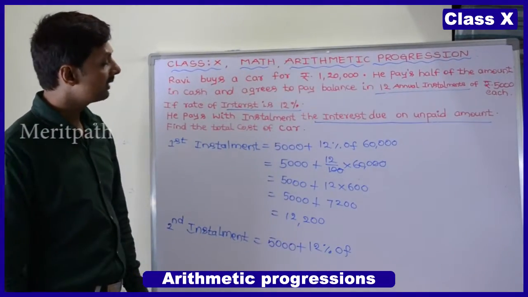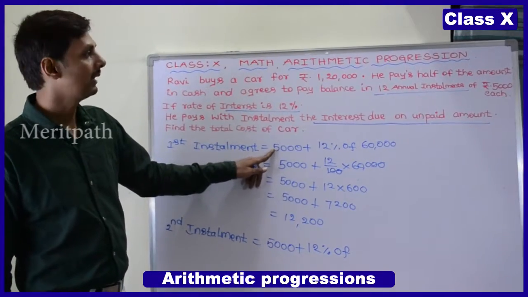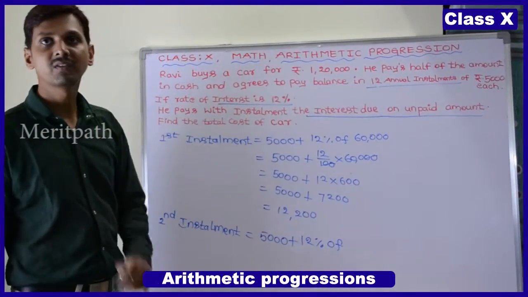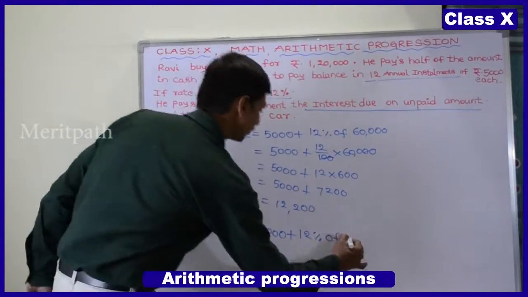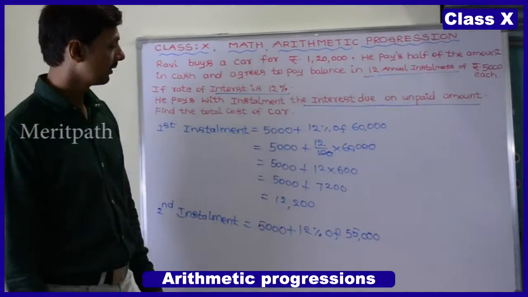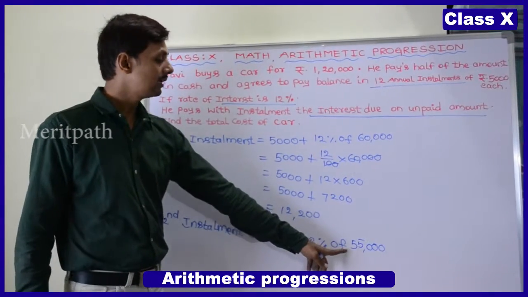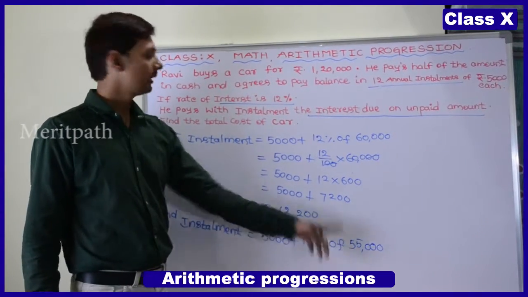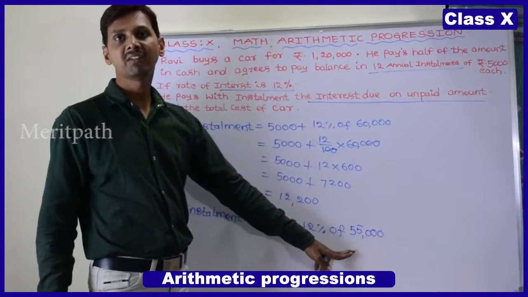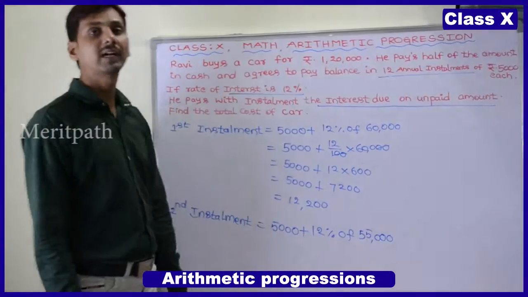Here he already paid 5,000 out of the 60,000 rupees, so 55,000 is left out. So 12% of 55,000, because out of 60,000 the first installment of 5,000 is completed and the remaining 55,000 is left out.